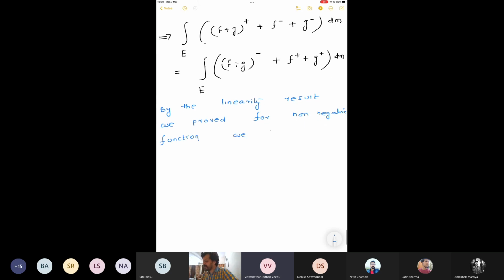By the linearity result we proved for non-negative functions, you can split the integral on the left side and the right side into several integrals.